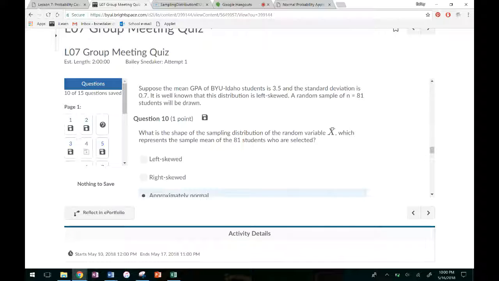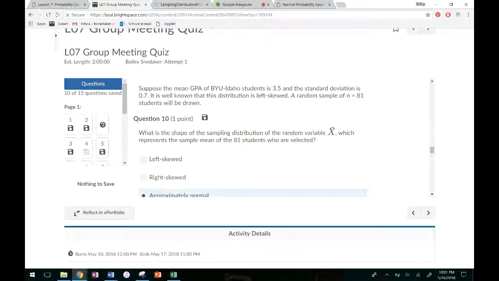I can't see what you're doing. I got 0.00777. Isn't the square root of 81 9? Yeah. So should it be 3.5 divided by 9?